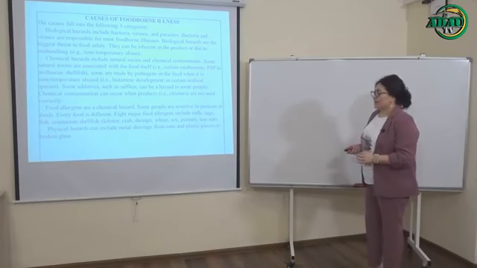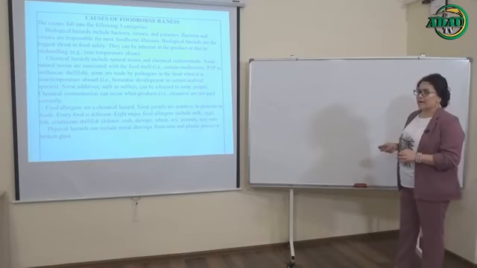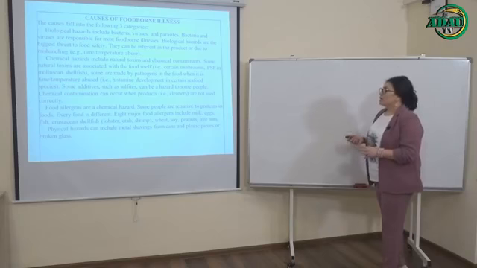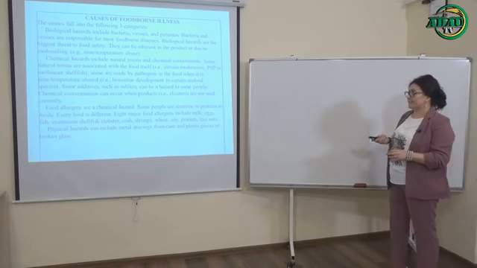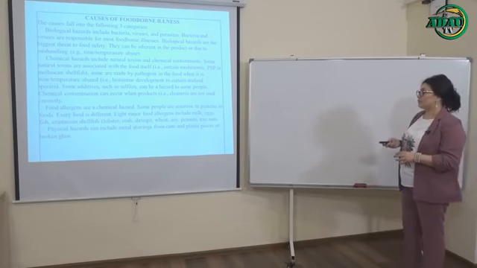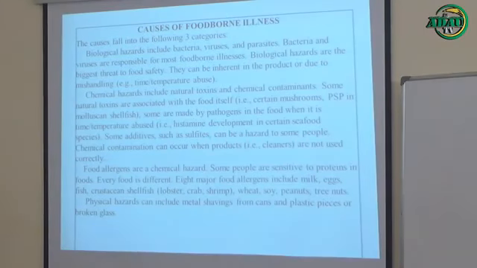Then chemical hazards. Chemical hazards include natural toxins and chemical contaminants. Some natural toxins are associated with the food itself. Some are made by pathogens in the food during time or temperature abuse, etc. Food allergens: here you can see some of the 8 major food allergens, which include milk, eggs, fish, shellfish, wheat, soy, peanuts, tree nuts.